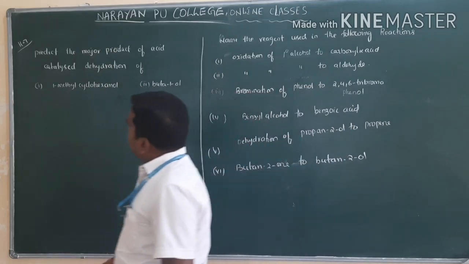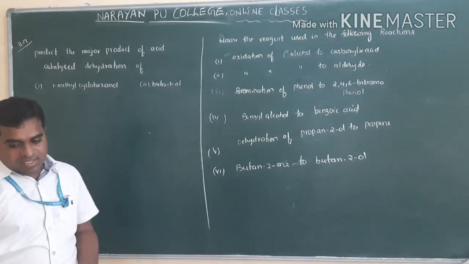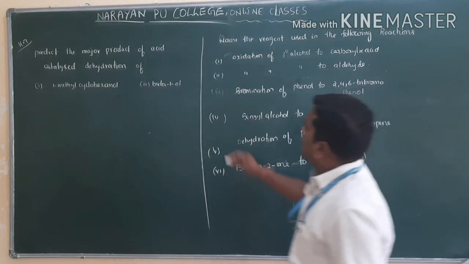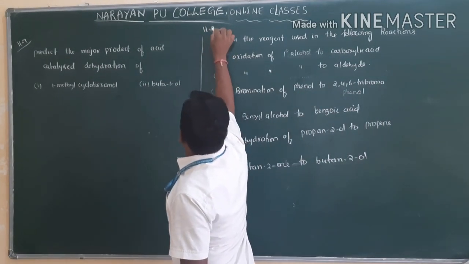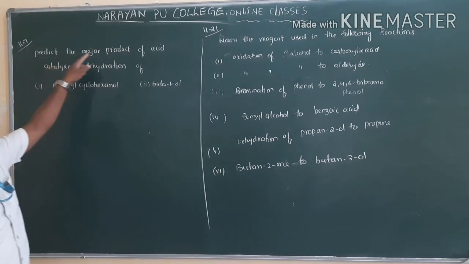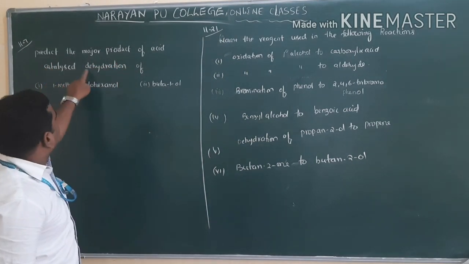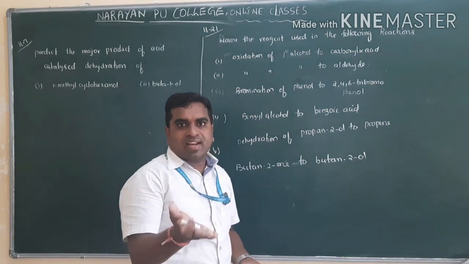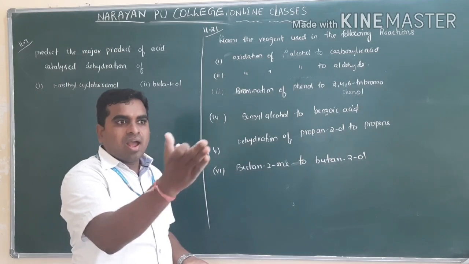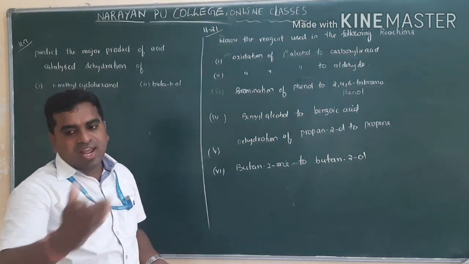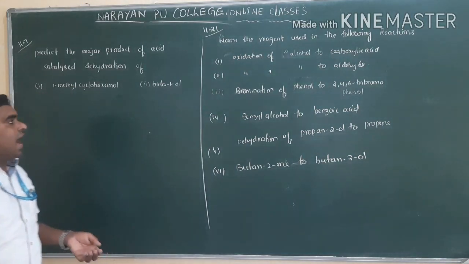Next one is NCERT questions. Here the first question is 11.7 and this is 11.21. See what question they have asked here. Predict the major product of the acid catalyzed dehydration of alcohol. We have already discussed acid catalyzed dehydration of alcohol. When alcohol undergoes dehydration, it forms alkenes.